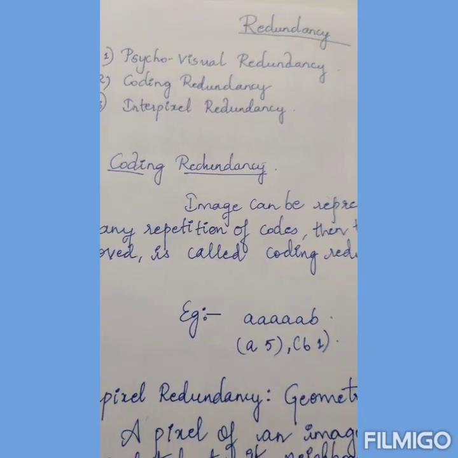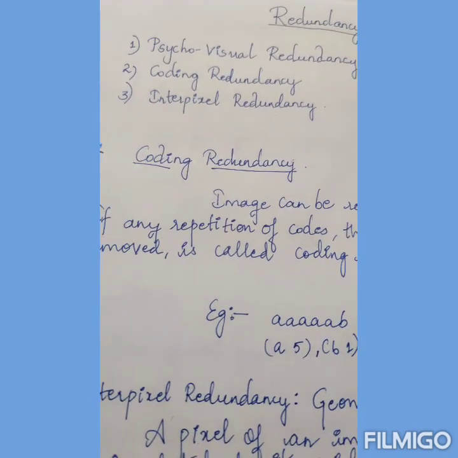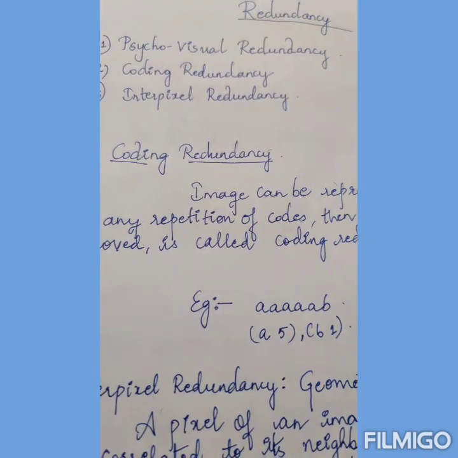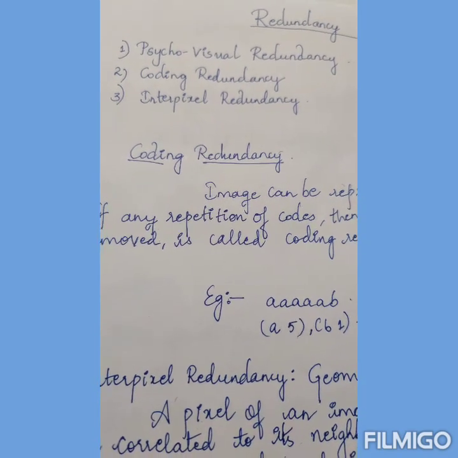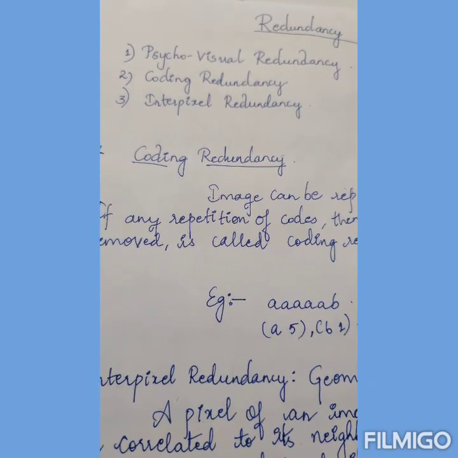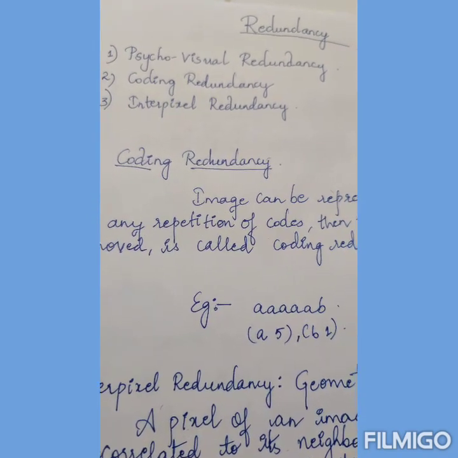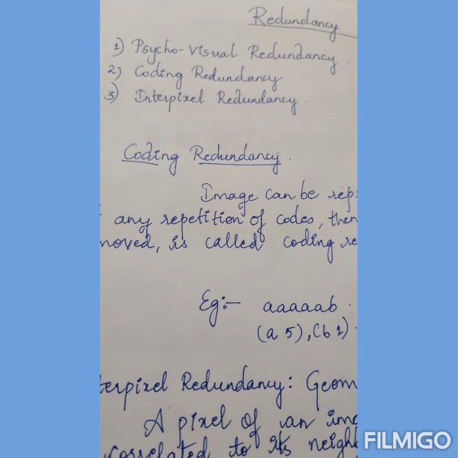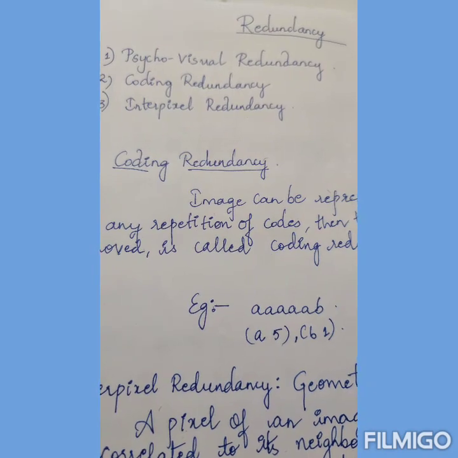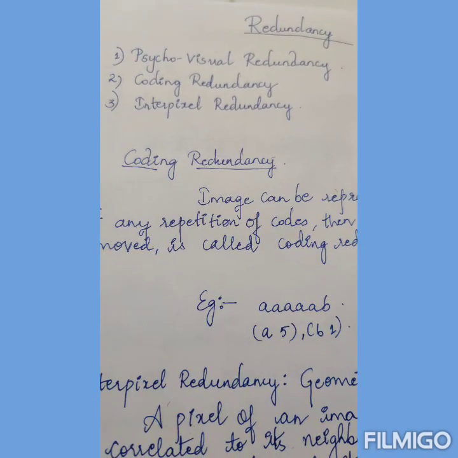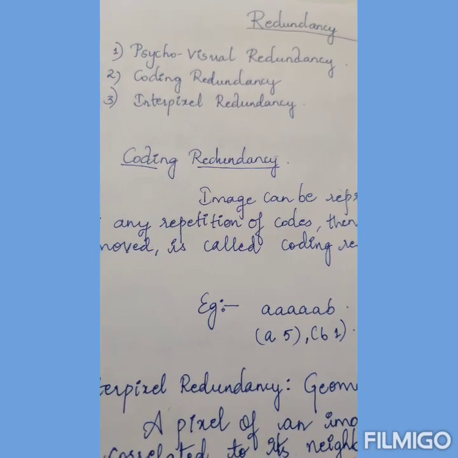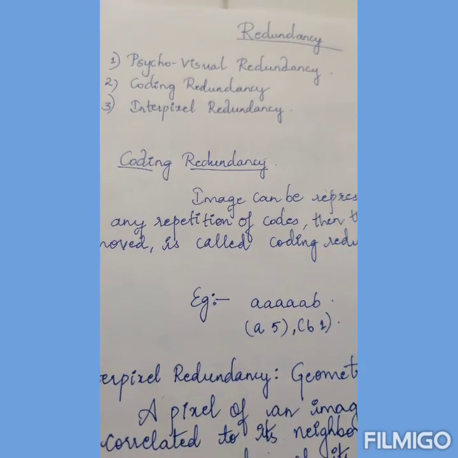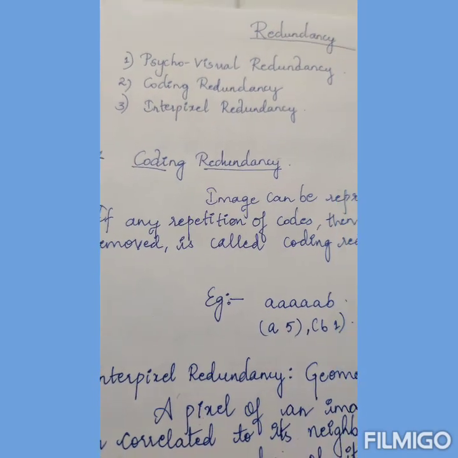The first image and the second image both feel the same. But image compression has happened, redundancy has been removed, and the image is compressed, yet we are not able to detect that change, because our eye perceives only that much. The perception of the eye is limited. That is called psychovisual redundancy.